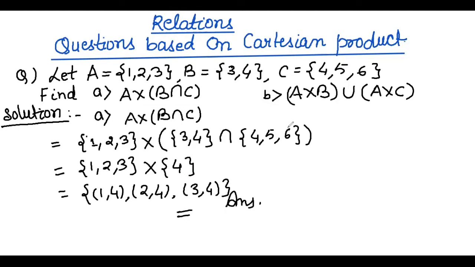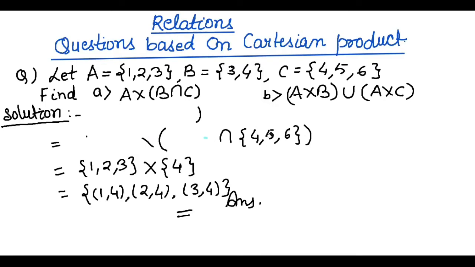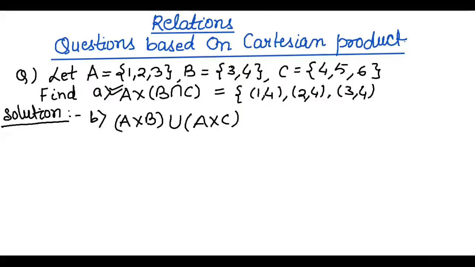Now I'm going to solve the second one. So in the second part, A cross B union A cross C. We'll find out first A cross B. So I'm going to write here elements of A. This is 1, 2, 3.